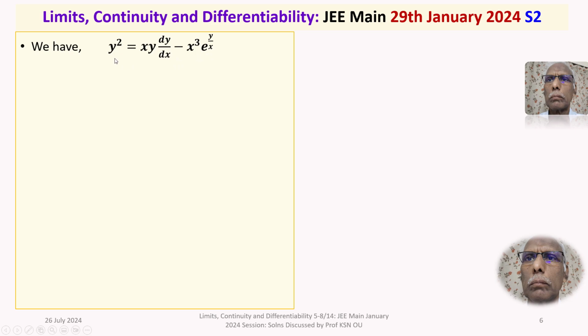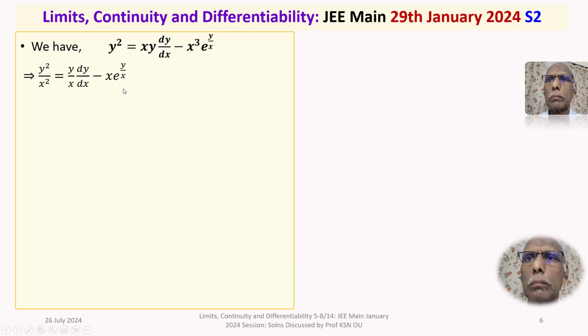To do so, you divide throughout by x square. Then y square by x square is equal to y by x into dy by dx minus x cube by x square, x into e to the power of y by x. Good.